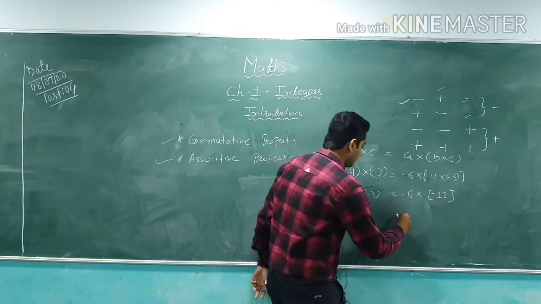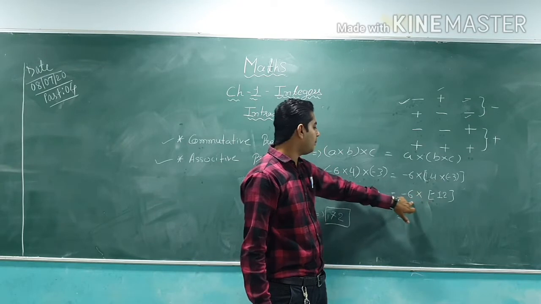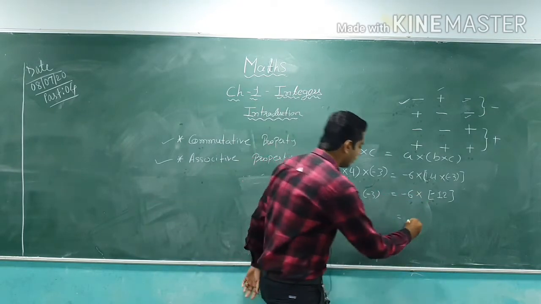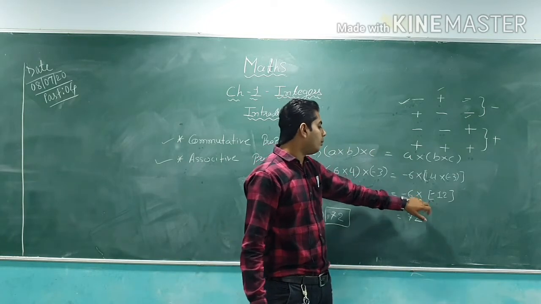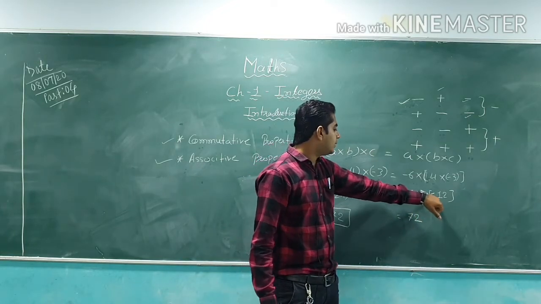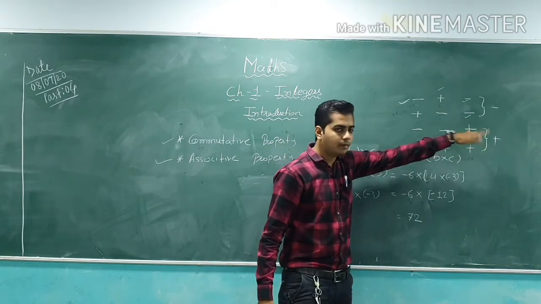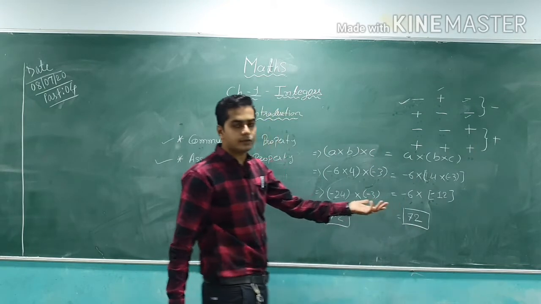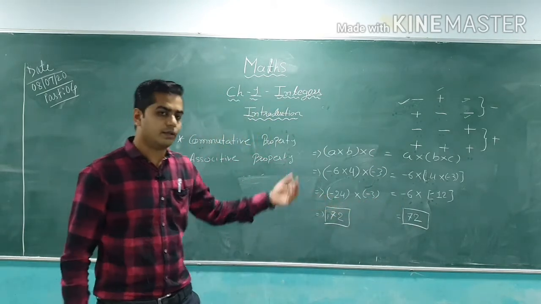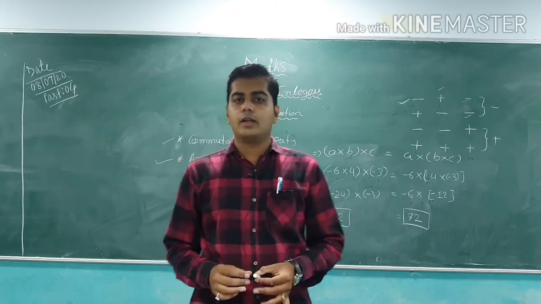Now we have minus 12 and minus 6, so 12 6s are what? 12 6s are 72, but the sign is minus 6 and also 12 is minus, so minus minus is what? Plus. So that's why plus 72. If you want to write plus, it's okay. If you don't want to write plus, that's okay. So these are the two properties. Now move on to our next property.